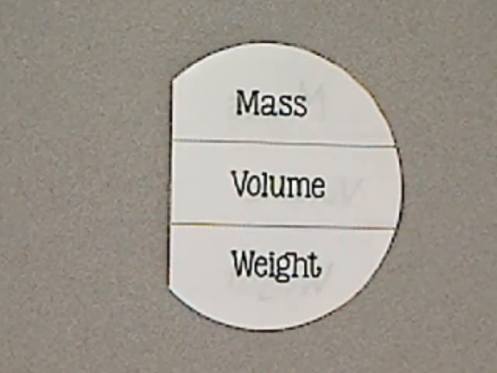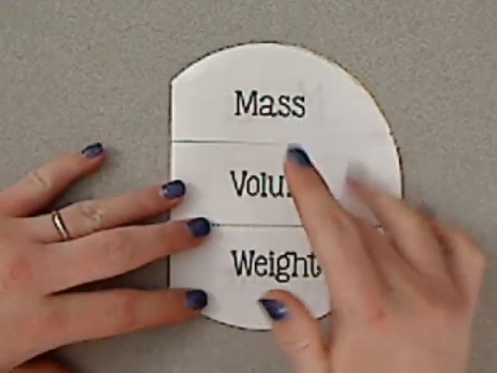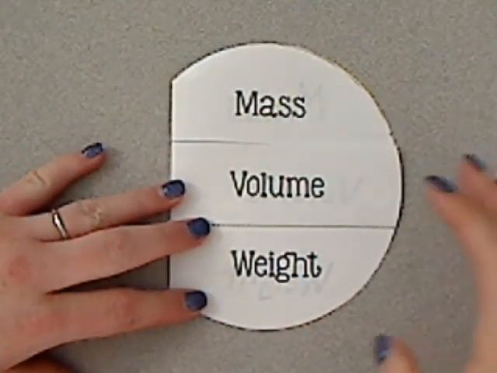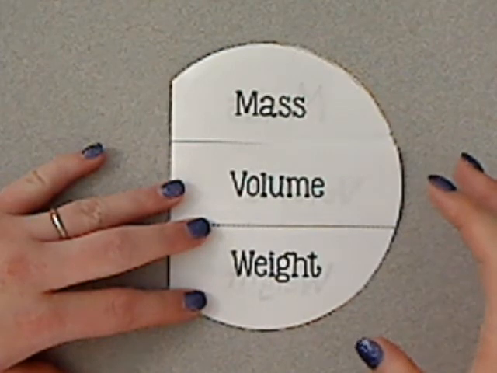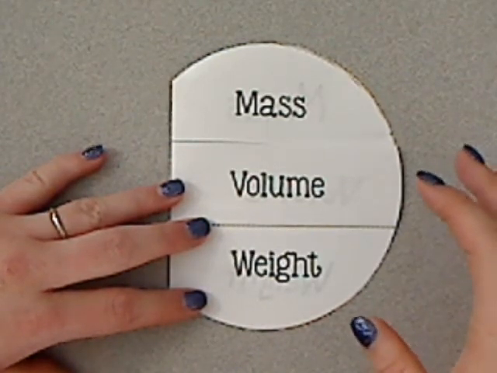Today, we are going to be talking about the definitions, the ways you measure, and the units of measurement for mass, volume, and weight. So these three components are usually the main things that people think of when they think about the physical properties of matter.